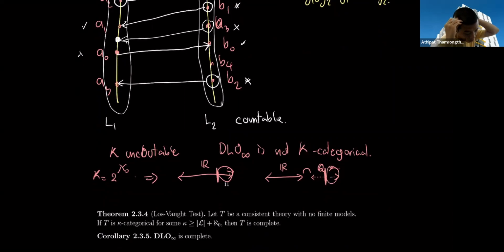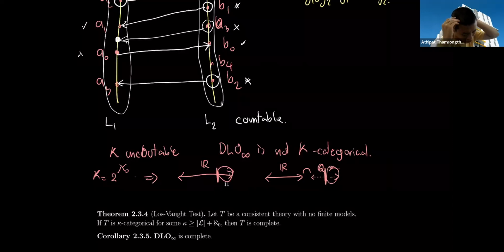And another good thing about kappa categorical theories is that if you have a theory T that is kappa categorical for some kappa larger than the size of the language, Aleph-naught, and it has no finite model, then you can show that the theory is complete.